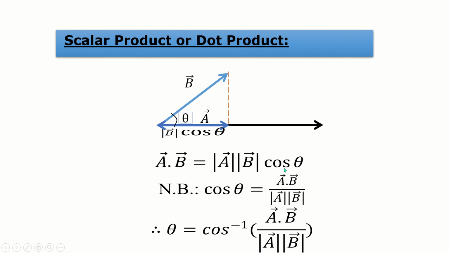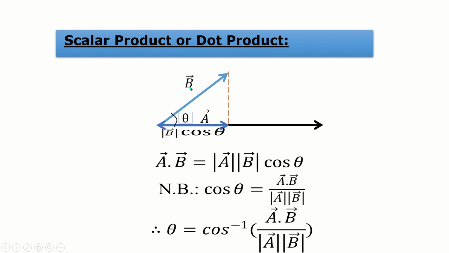Okay, from here I'll calculate cos theta, which is equal to A vector dot B vector divided by the magnitudes of A vector and B vector. Clear? So now we can apply it: cos theta equals A vector dot B vector divided by the absolute value of A vector times B vector. Capital A vector can also be written as small a vector, small b vector.